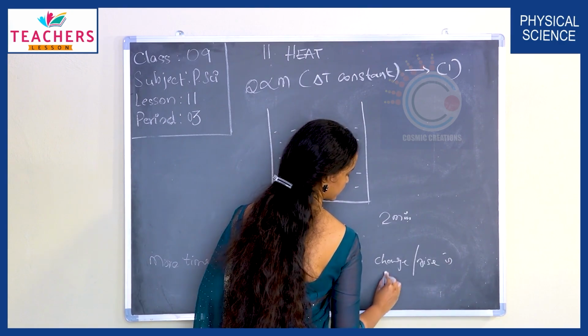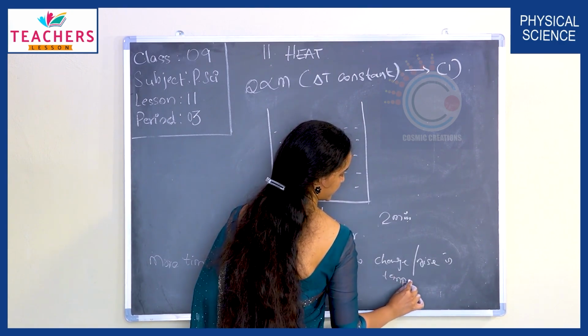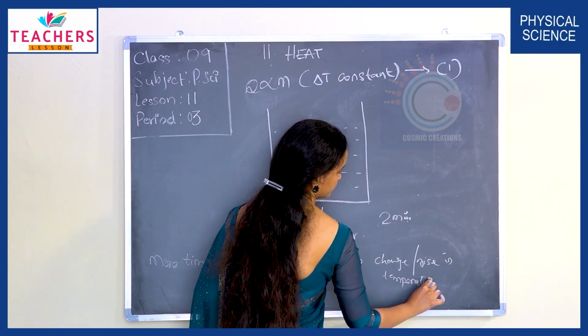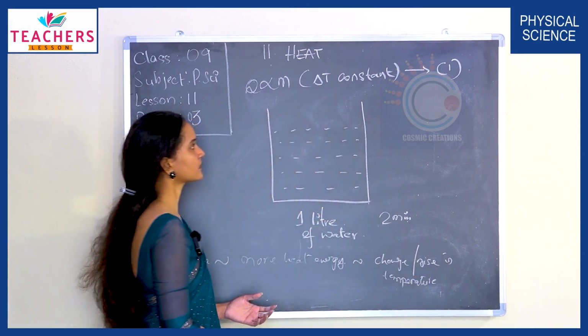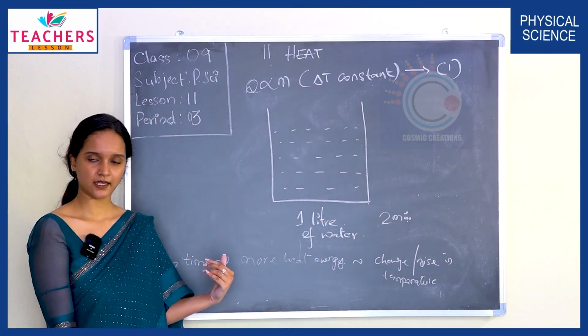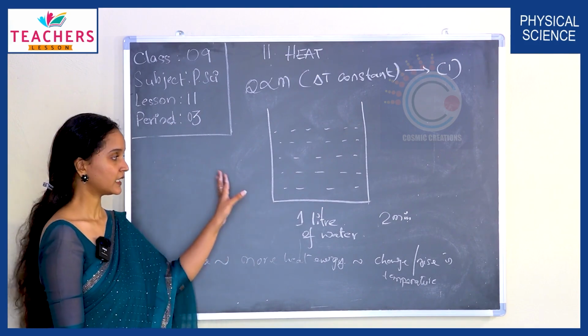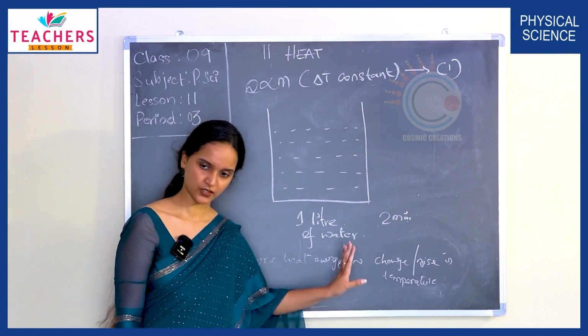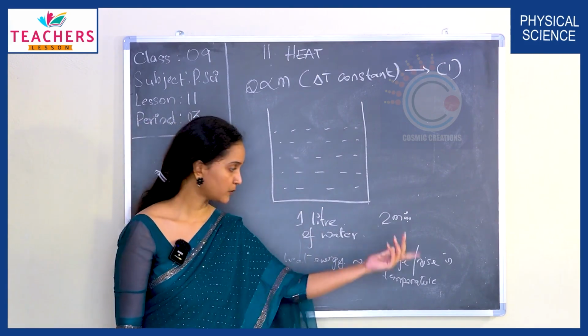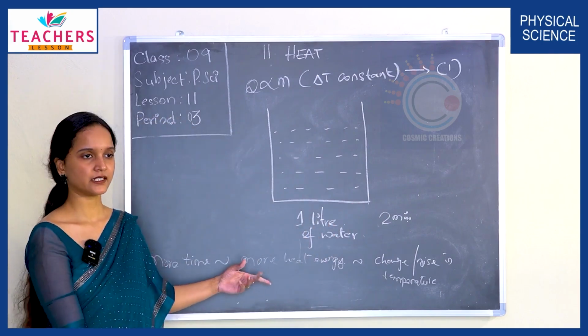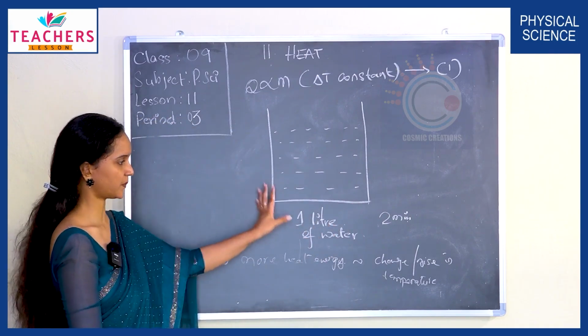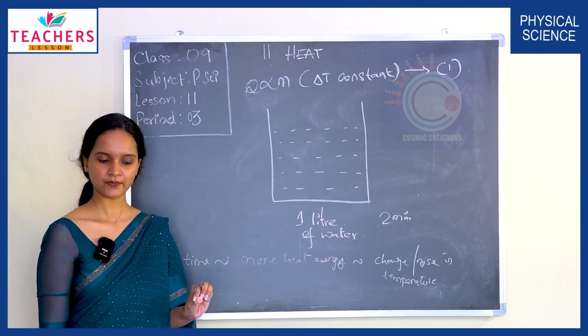Or rise in the temperature. Correct? So now can I say then, the change in the temperature is directly proportional to the heat energy received or heat energy supplied to that particular body? Yes?